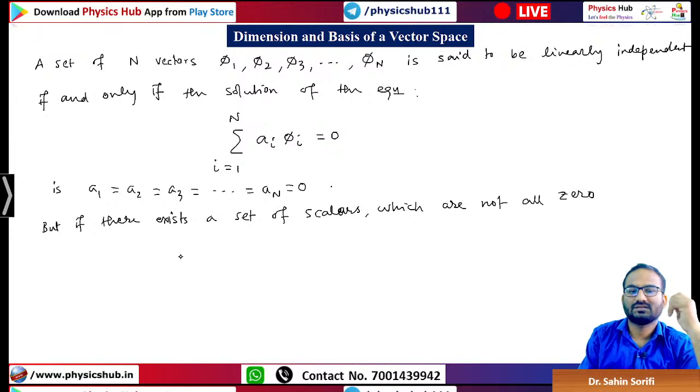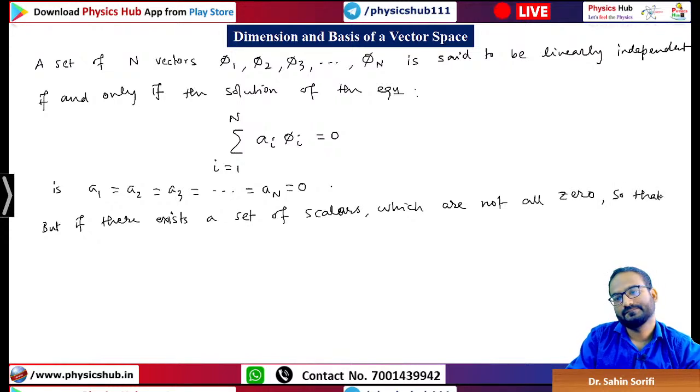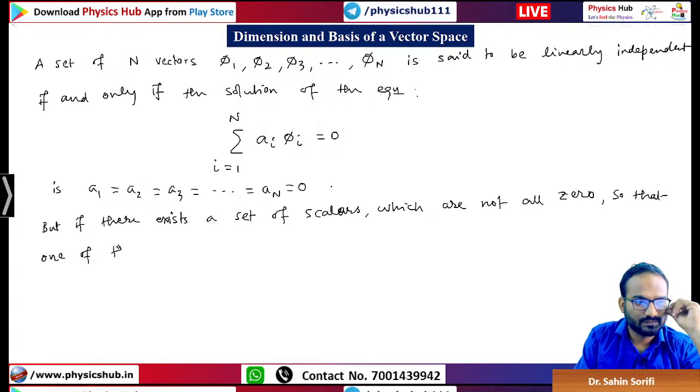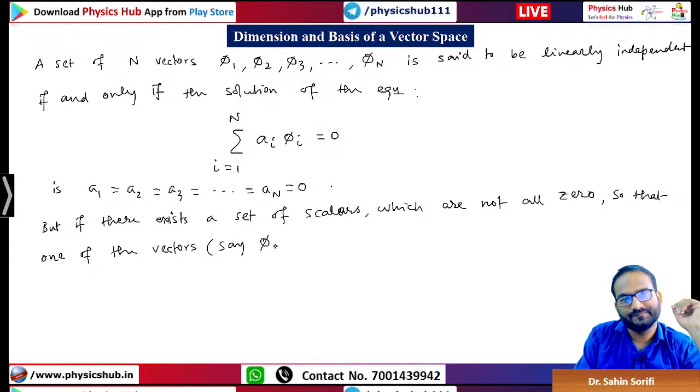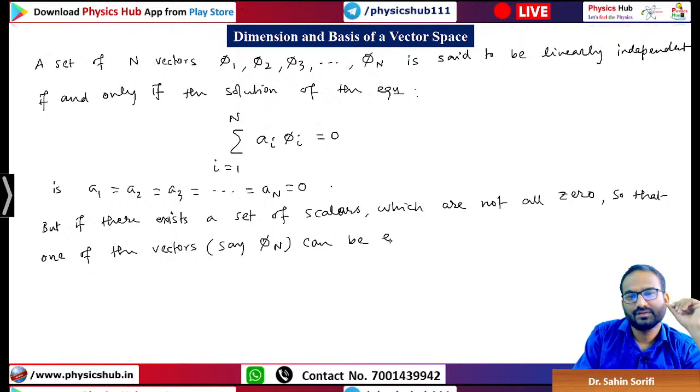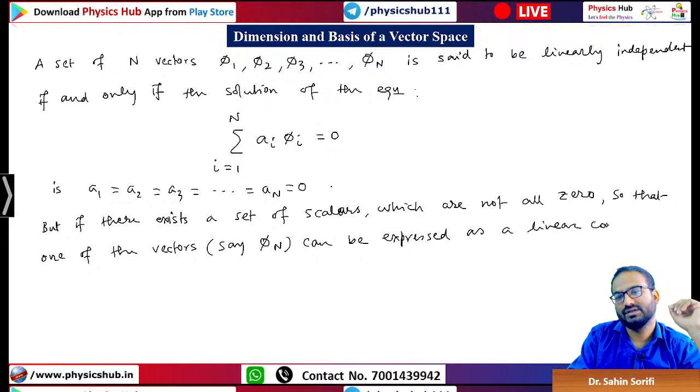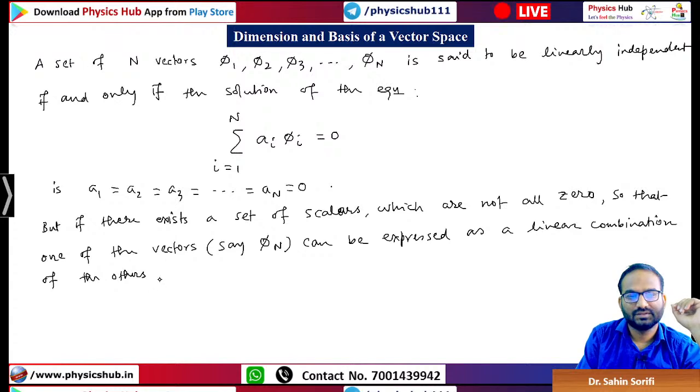But if there are some scalars which are not all 0, so that one of the vectors, say phi n, can be expressed as a linear combination of the others in the following way.